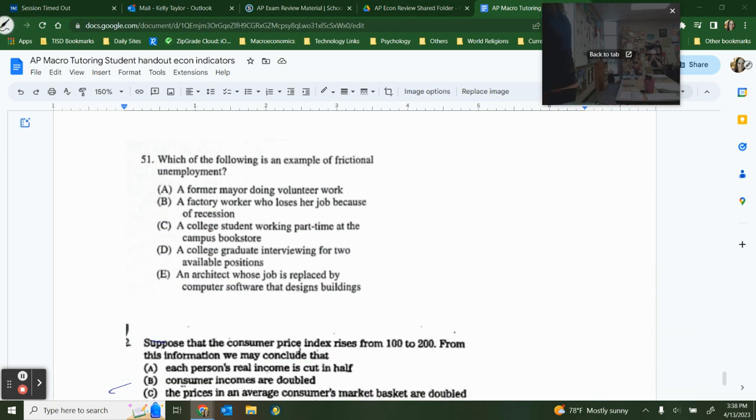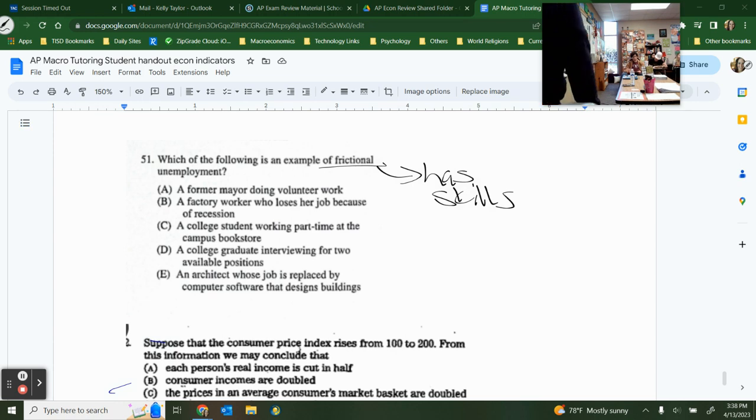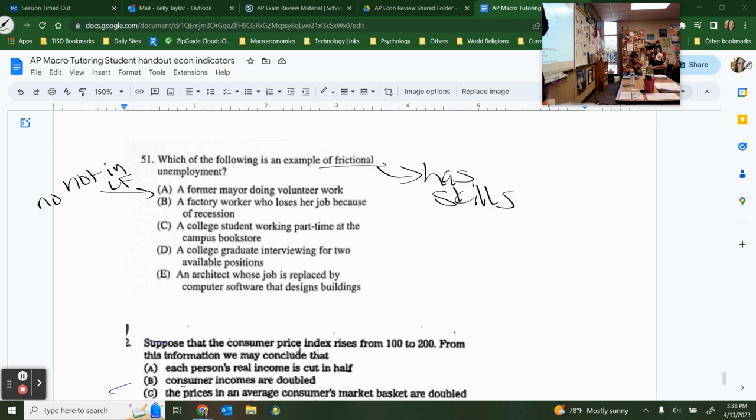Frictional unemployment. Remember, frictional, you have the skills. A former mayor doing volunteer work: are they even in the labor force? No, not in the labor force because they're not looking. Factory worker loses job because of a recession: what type of unemployment is that?